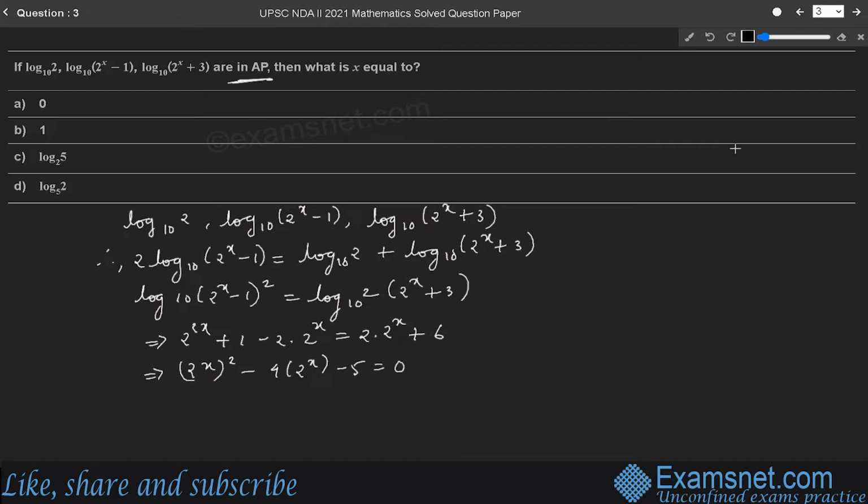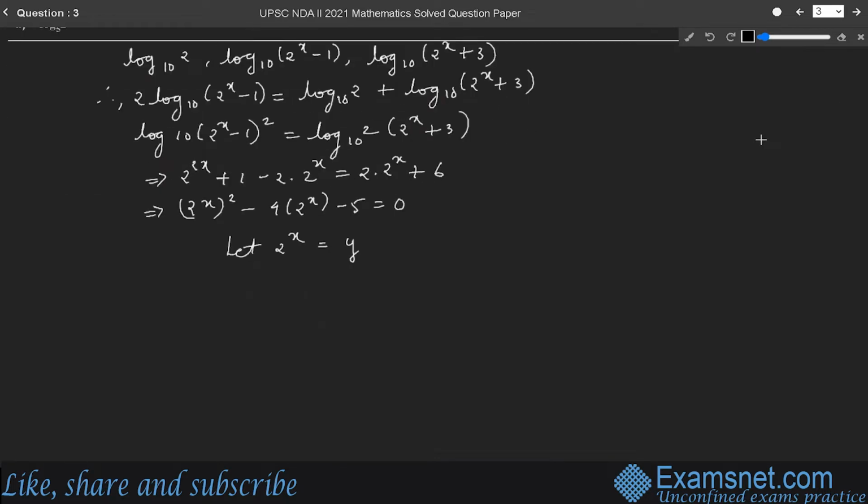So this is the equation. Now let 2 to the power x be equal to y. So the above equation changes to y square minus 4y minus 5 is equal to 0. From this equation we will get the value of y as 5 and y as minus 1. So in this way we get the values of y.